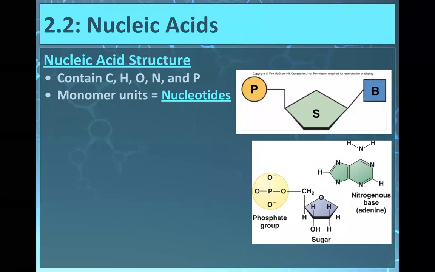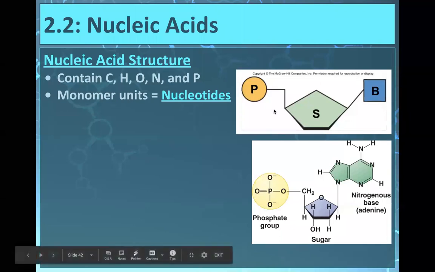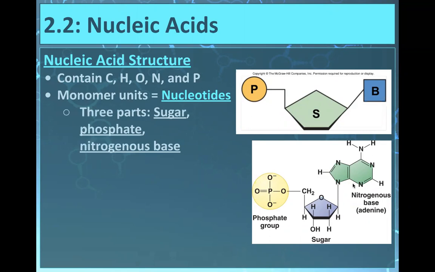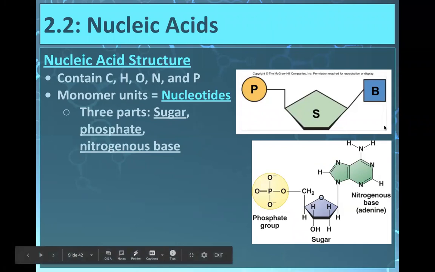So the monomer units are called nucleotides. So we see our basic nucleotide structure here, and then a little bit more detailed here with a specific nitrogenous base. Okay, so there are 3 parts to every nucleotide. So the central portion is a sugar, and then off here we have a phosphate group, and over here we have a nitrogenous base.